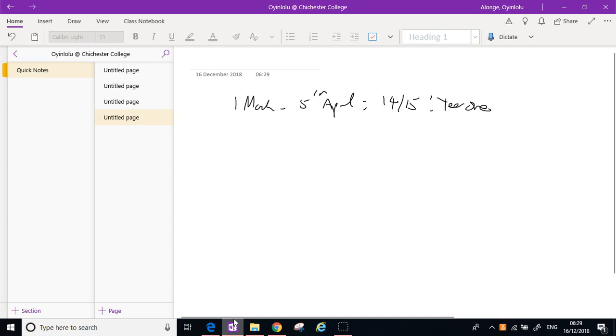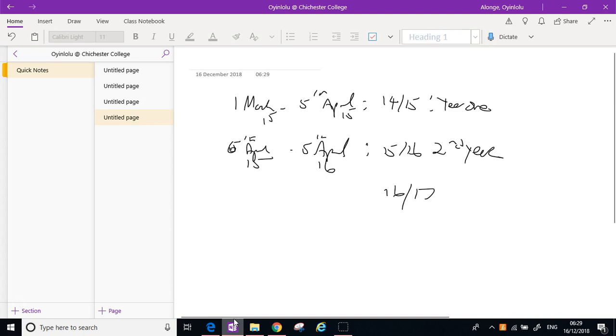Then the next one is the 6th of April 2015 to the 5th of April 2016, that's 15/16, the second year. And the final year, where they're asking for 16/17, is the 30th of April 2016. It must be a 12-month period, so the 1st of May is the beginning of that 12-month period.